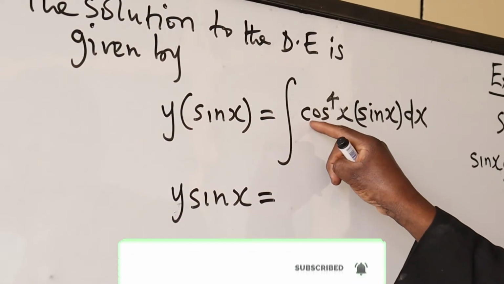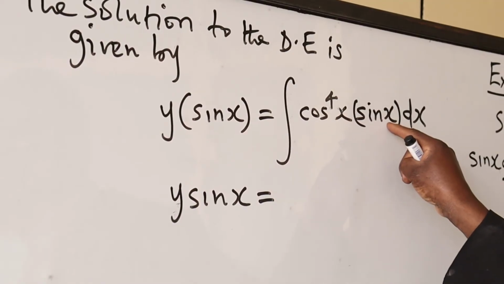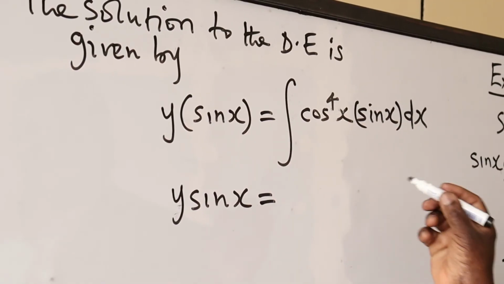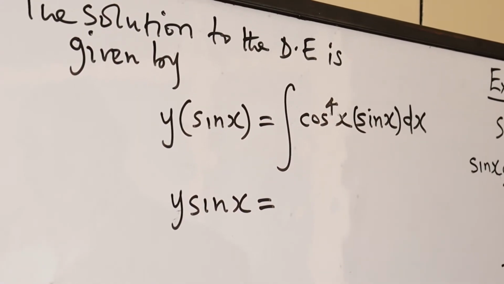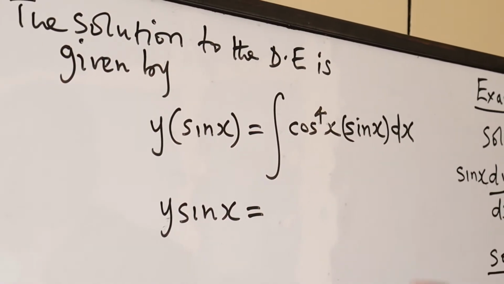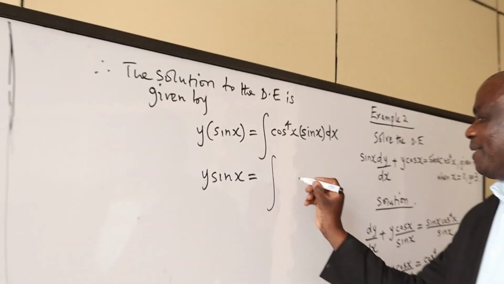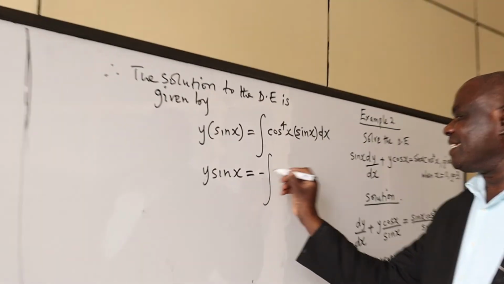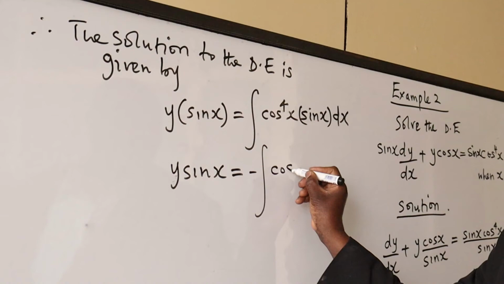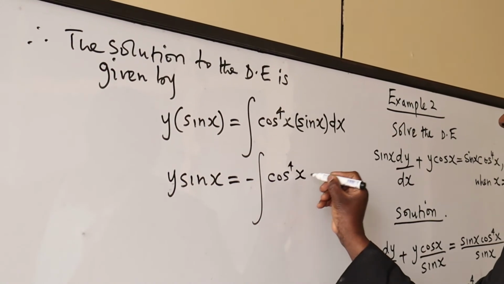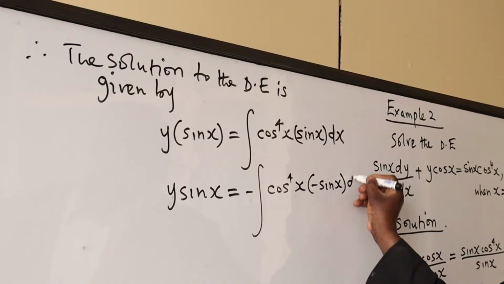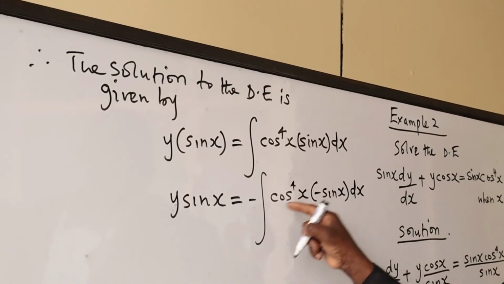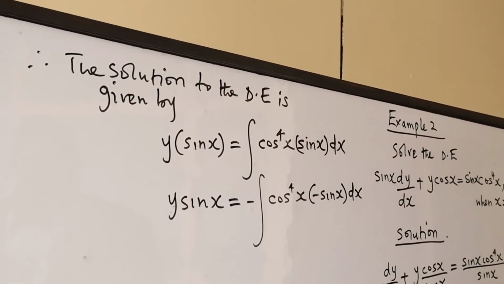Now, the derivative of cos is negative sin. So we need this one to read negative sin x so that we can be able to integrate easily. So this one will be minus there. Then we say cos to power 4 x multiplying negative sin x dx. When you multiply that minus with the other minus, you get a positive.